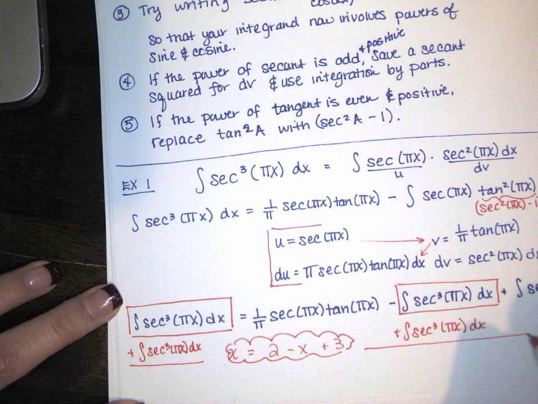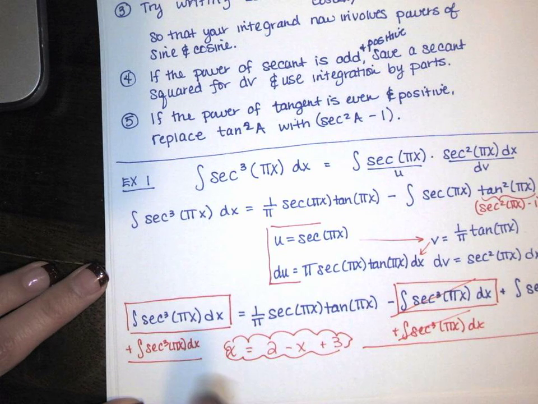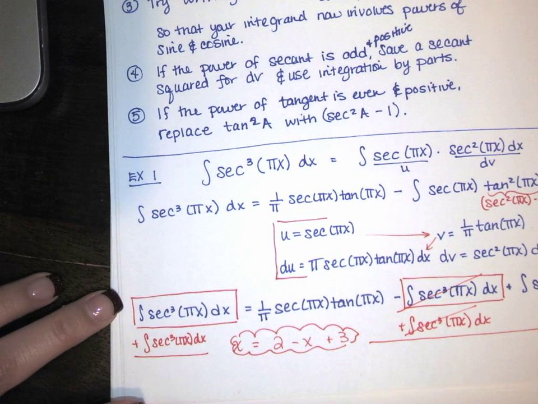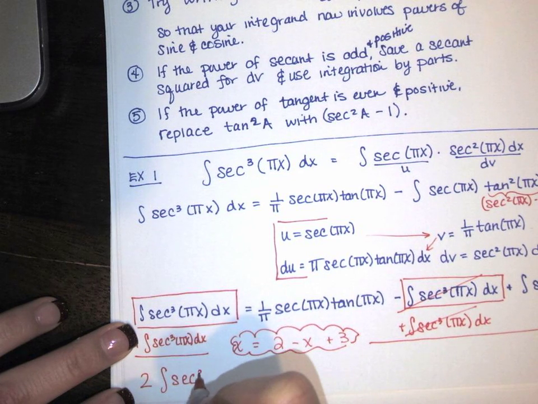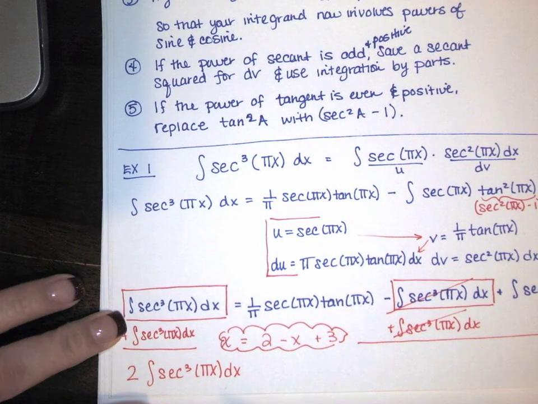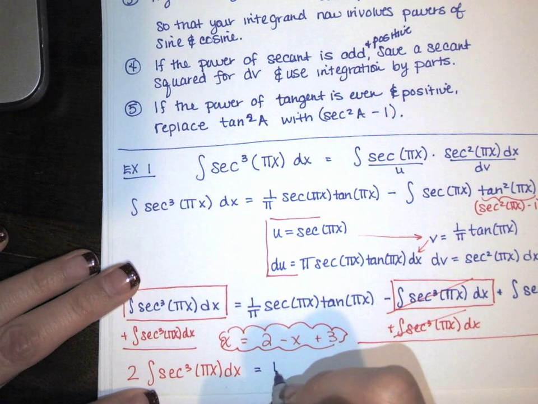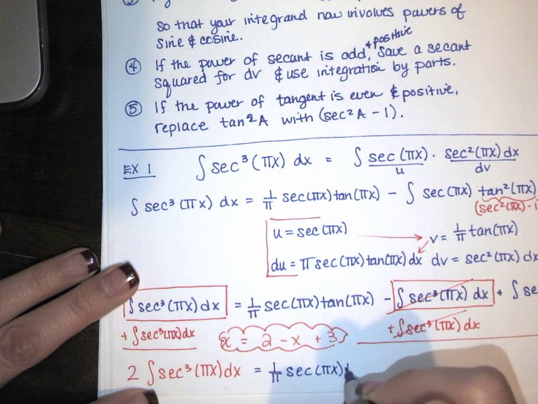Probably been a while since you did that. That guy reduces, and now I just have 2 of the thing I'm looking for on the left-hand side. And on the right-hand side, I've got 1 over pi, secant of pi x times tangent of pi x.